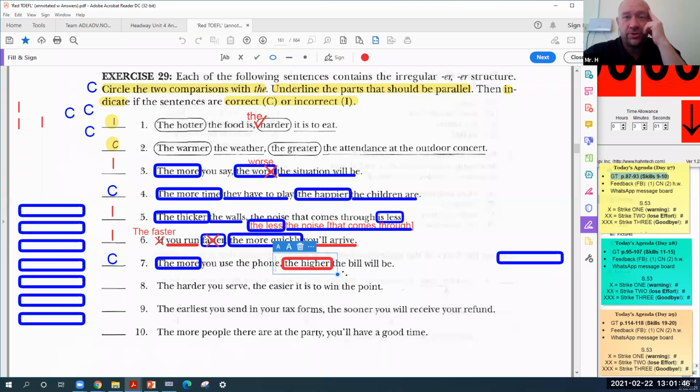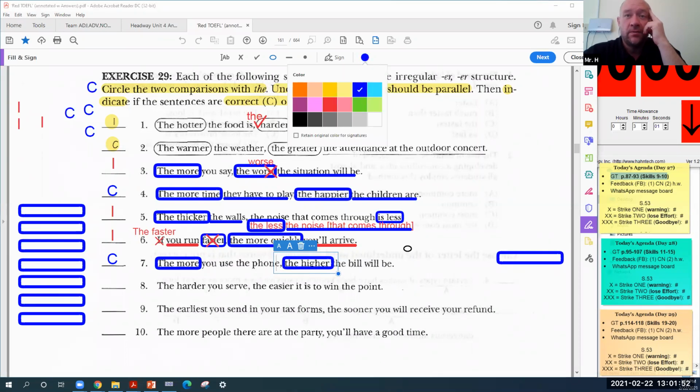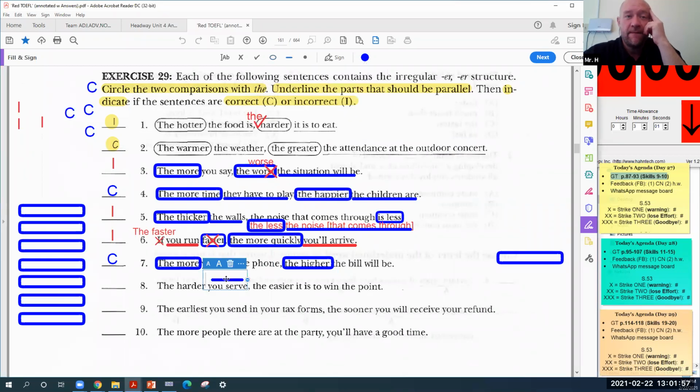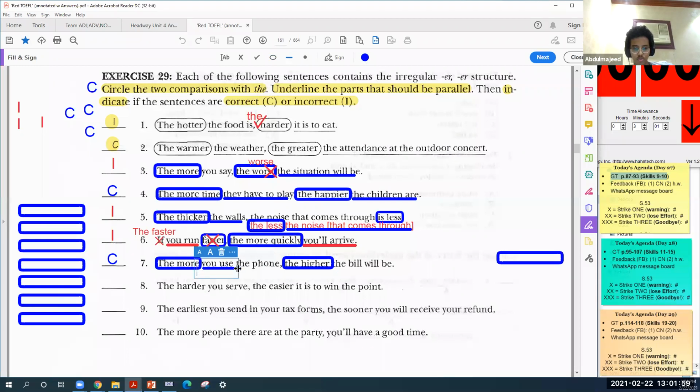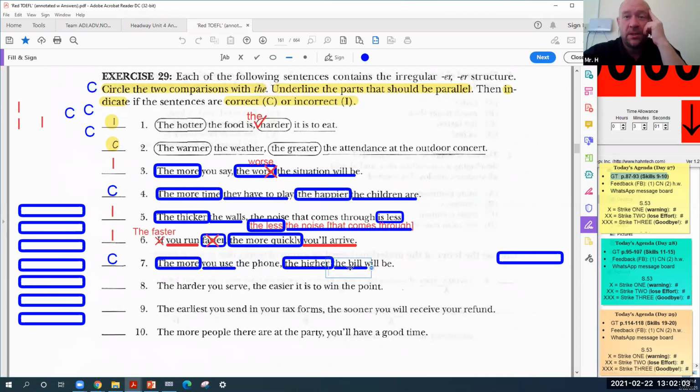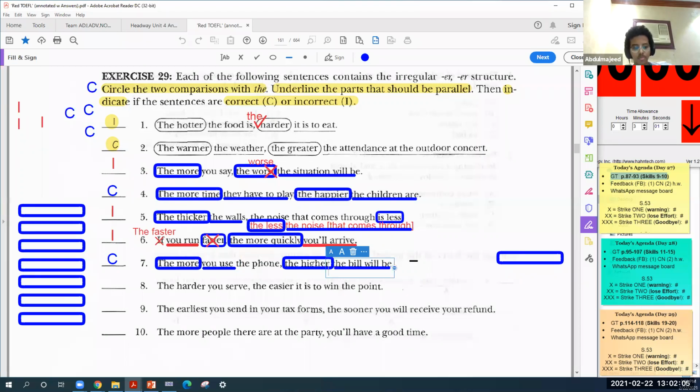Exactly. So we have our two comparatives, first and second comparative. And then what do we have? Two structures. What's the first one? Subject, verb, and then subject, verb. Yep.